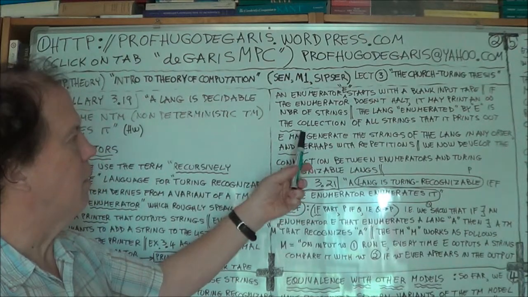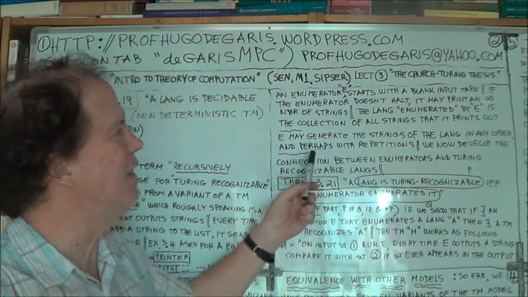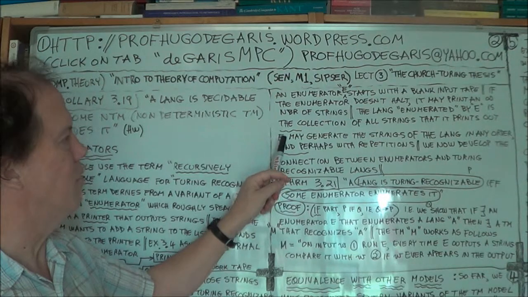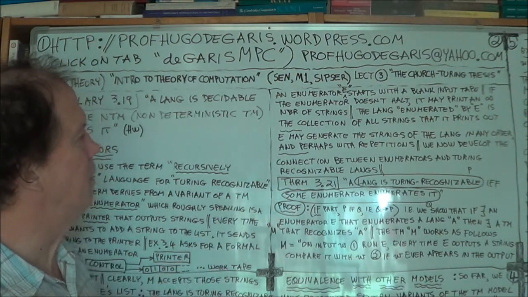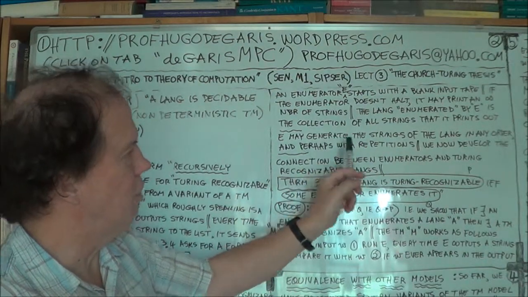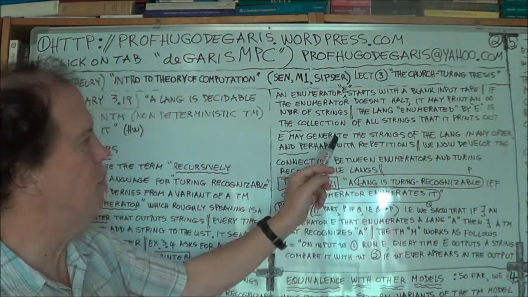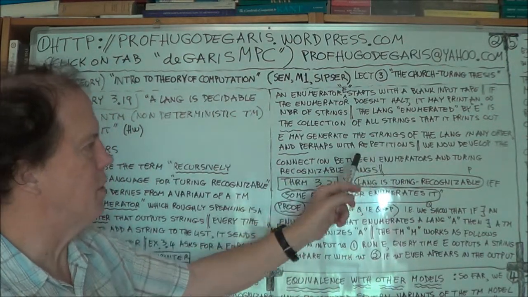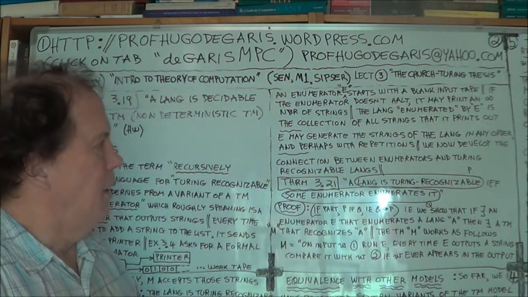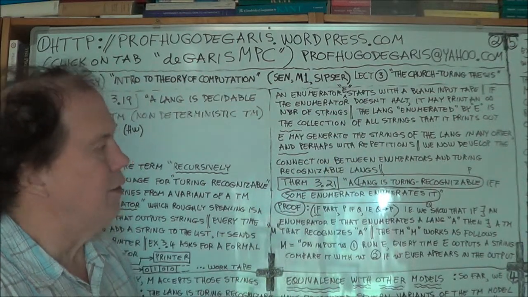Now, here's what I found a bit unclear. Call the enumerator, the variant of the Turing machine, E. It can generate these strings and print them on the printer, in any order, and perhaps with repetitions. Now, why that's the case, I didn't find clear.